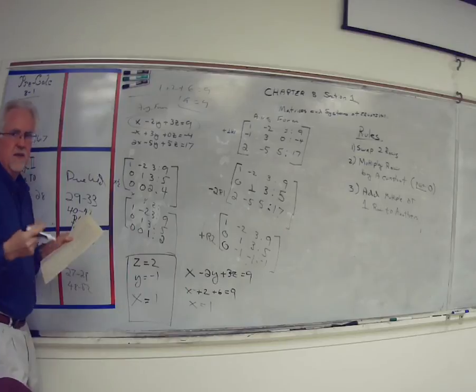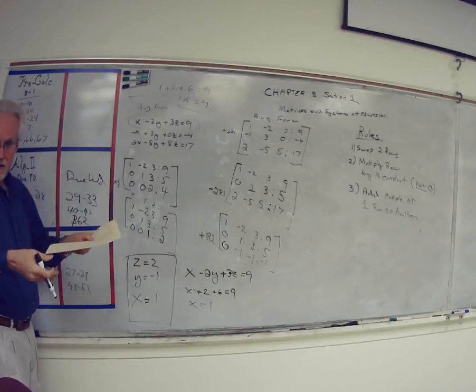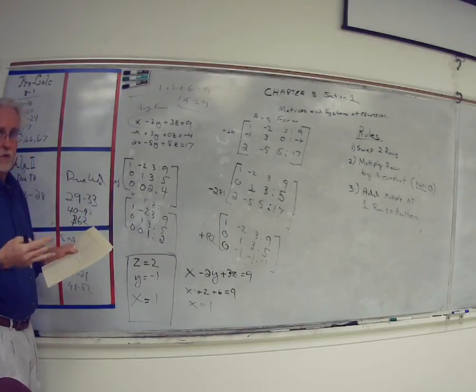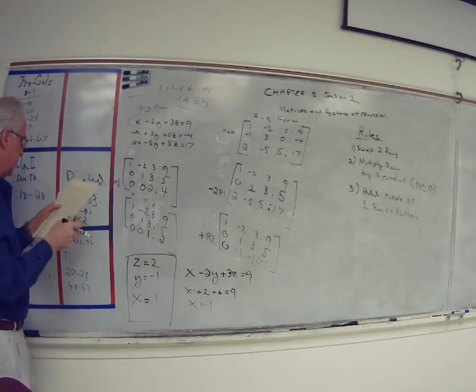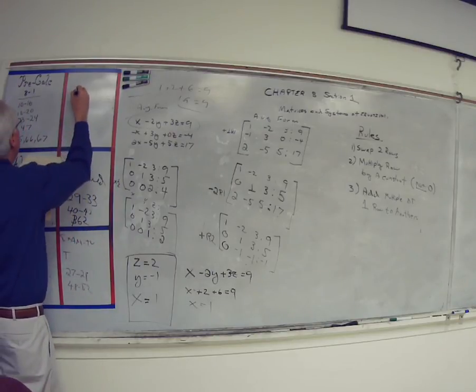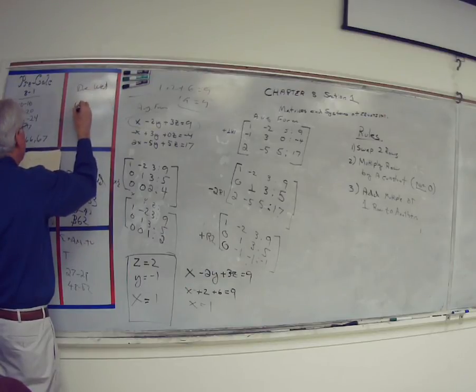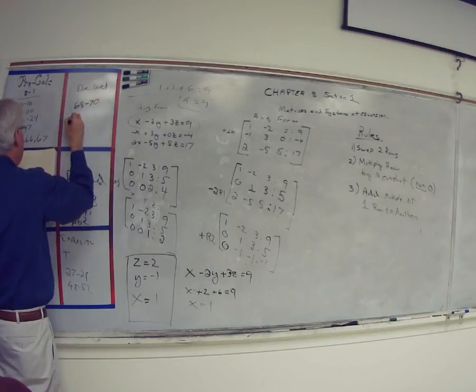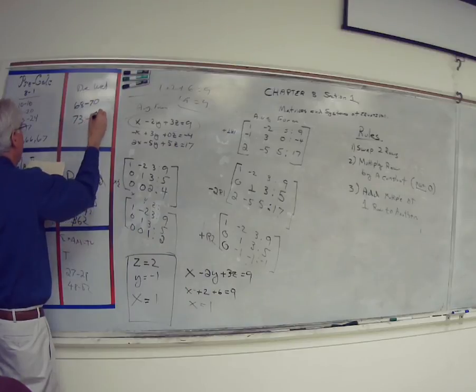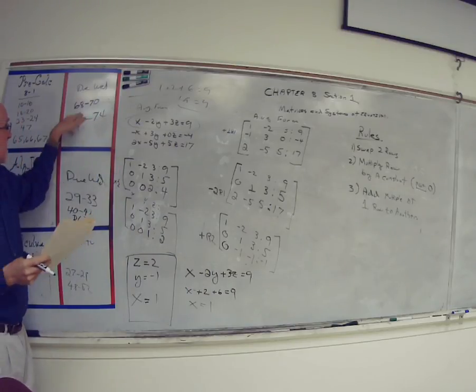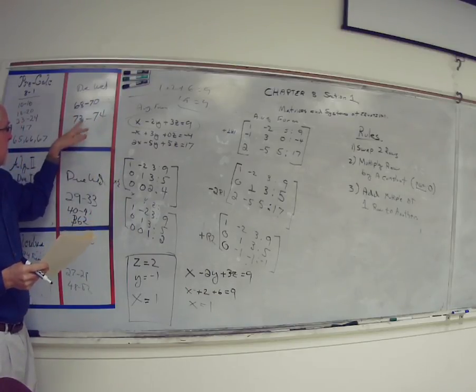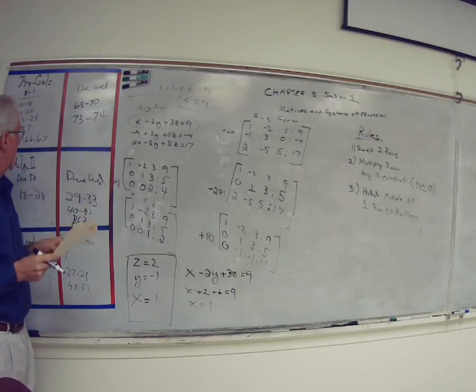Don't panic, because I think a lot of those are just putting it in an augmented form. There's probably 2 or 3 that you have to do what I just did on. And then do Wednesday are 68 through 70 and 73 through 74. That's probably 4 or 5 problems you're going to have to do the whole thing on. Okay, so that's it.